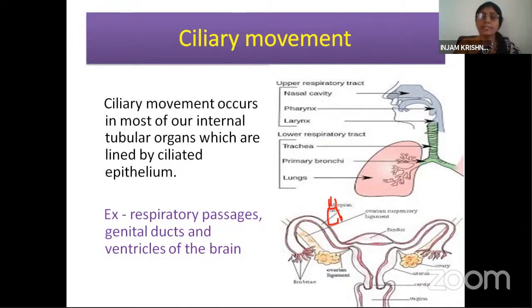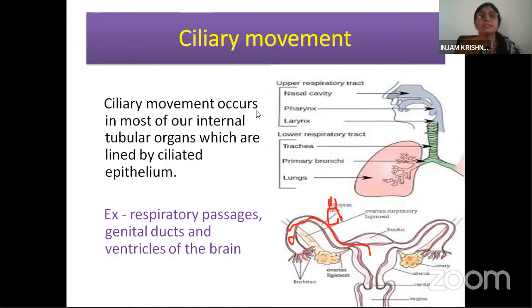The eggs are collected by these fimbriae, and this ovum or egg moves towards the uterus. The walls of the fallopian tubes are lined by ciliated epithelium. They have cilia. Due to this movement of the cilia, this ovum moves towards the uterus. This is the ciliary movement. In the same manner, ventricles of the brain also.